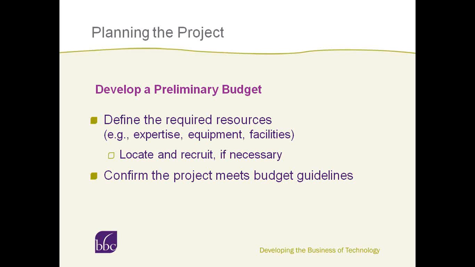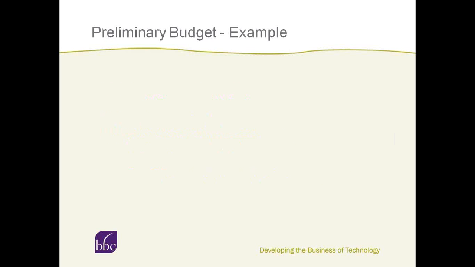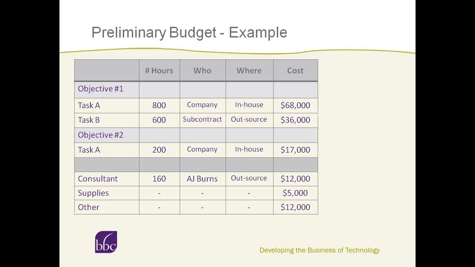And now we have to confirm that our project and our expenses meet the budget guidelines. And for that, this is where the preliminary budget comes into play. Let me just show you an example here of the kind of budget I'm talking about. It's not complicated. In this particular example, we've got two objectives.